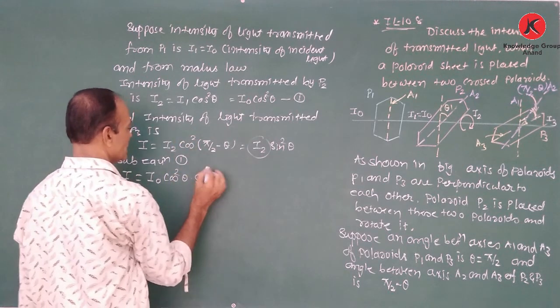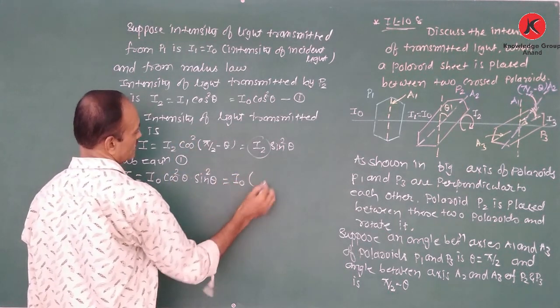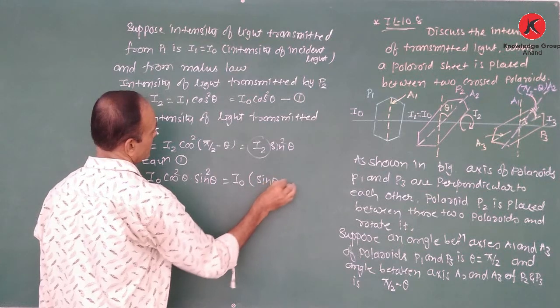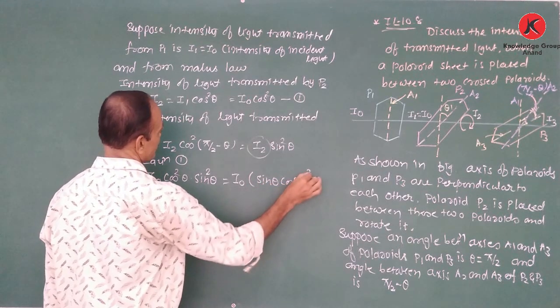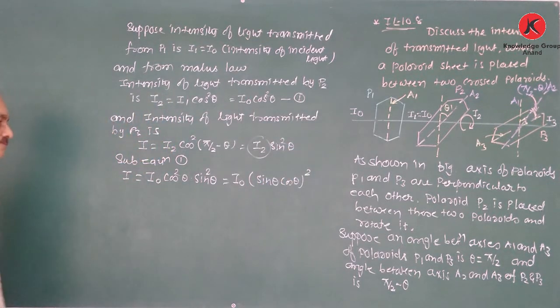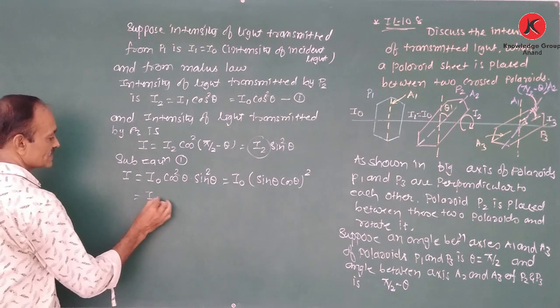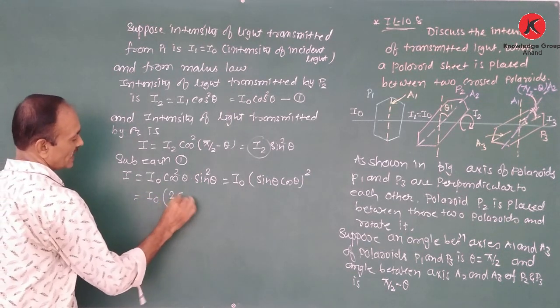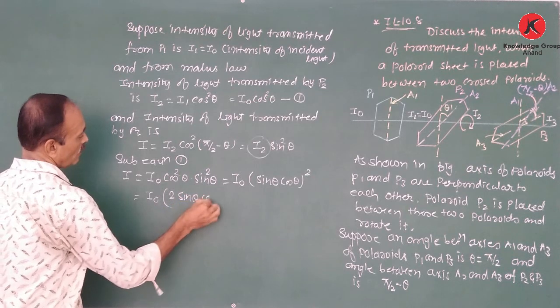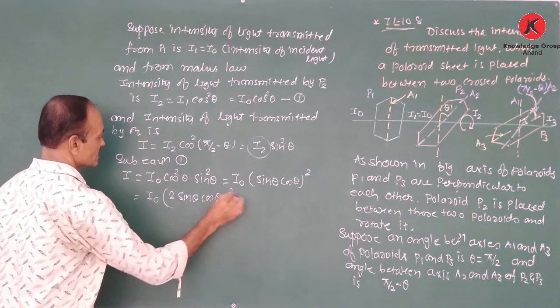So we can write it in the form I0 (sin theta cos theta) whole square. We convert it like this: I0 by 4 into (2 sin theta cos theta) whole square.